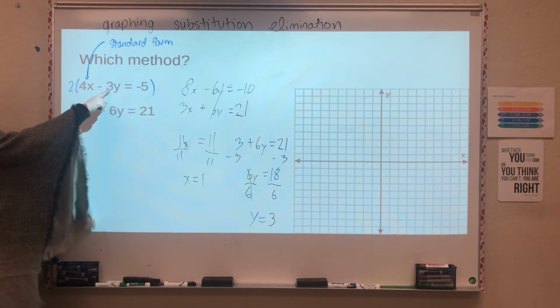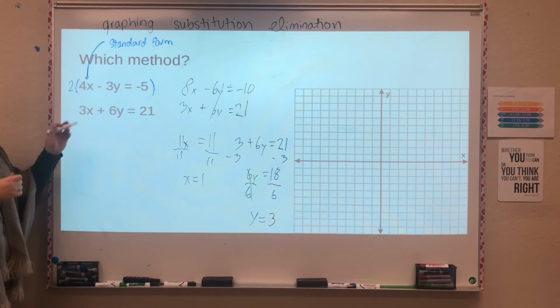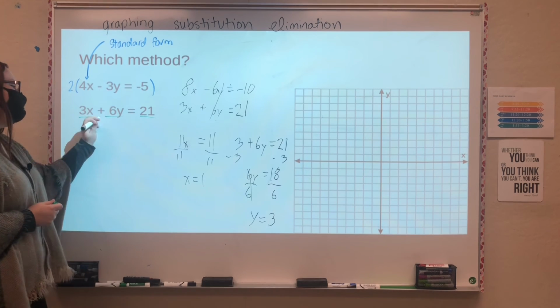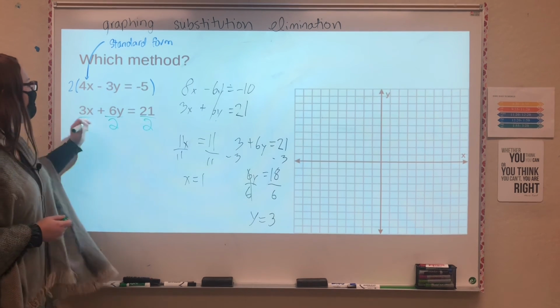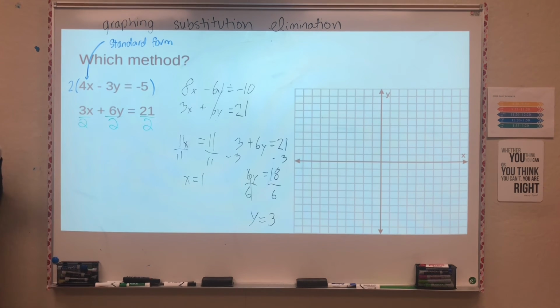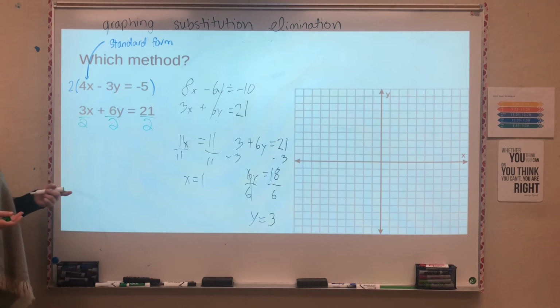Instead of making the 3 into a 6, you can make the 6 into a 3 by dividing everything by 2. The reason we recommend multiplying instead of dividing is that a lot of the time, when you divide, not all 3 of these are going to be divisible by 2.